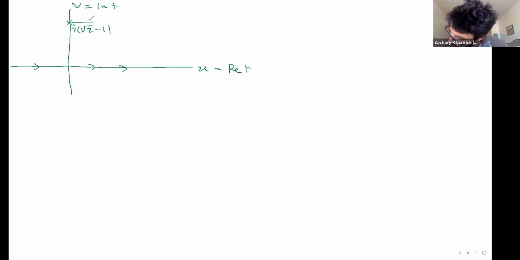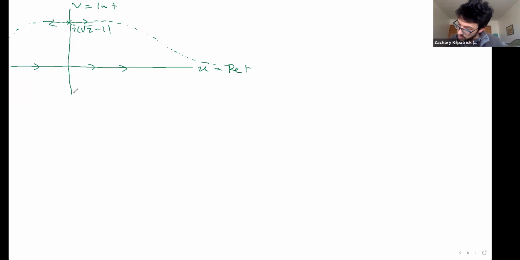I've now said that my steepest descent directions are here and here, right? The 0 angle and the pi angle emanating from there. So now we can see this sort of deformation that I want to do. I want to deform, and I want to join up the steepest descent direction out at infinity.